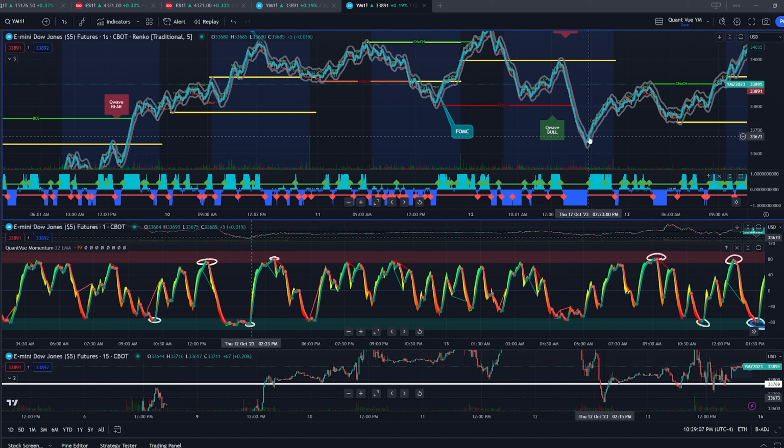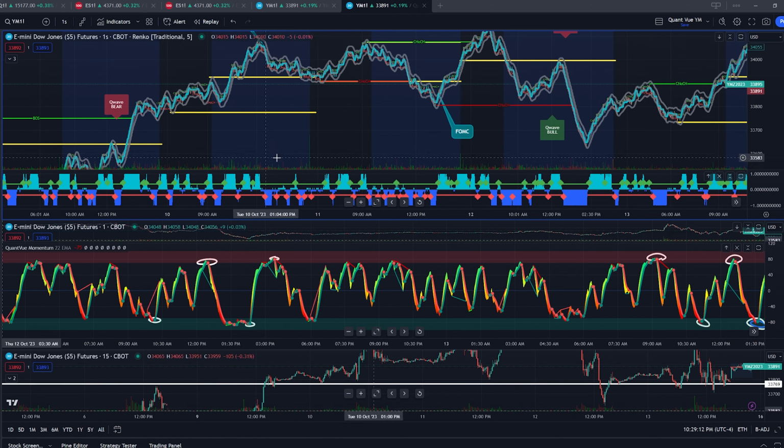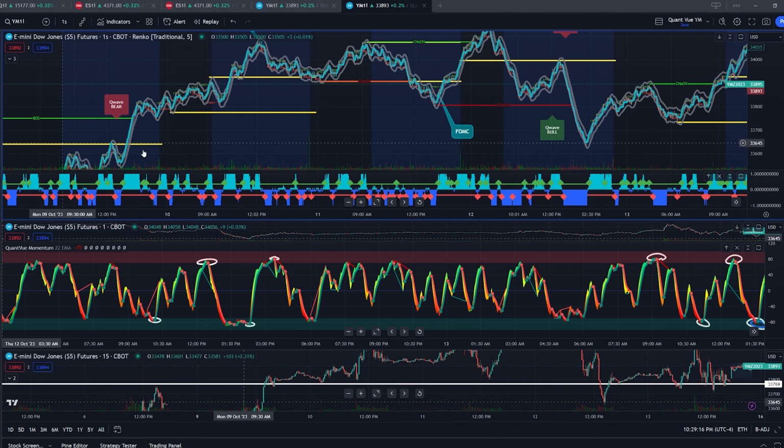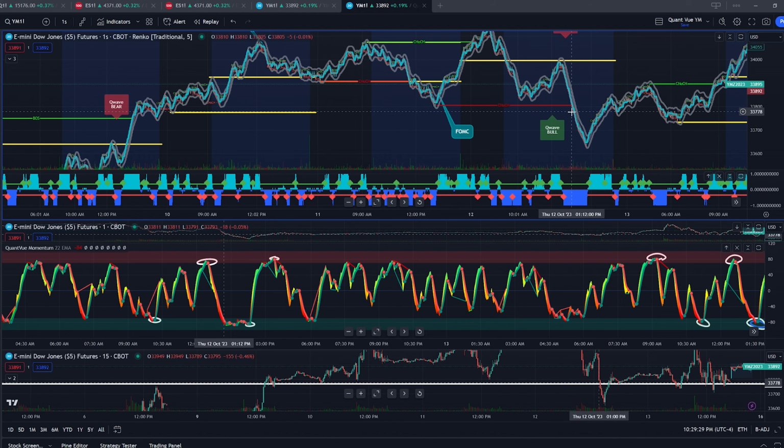If you wanted to try to get out on a level, you could also look at previous days' lows and highs that have been previously marked out and respected. Here, go back to this zone right here. Wow, look at what that aligns up to. Now this one also went through, and you can see we had a little bit of a pullback right on the zone, and then it continued to rip through.